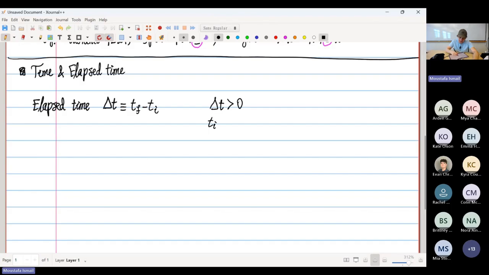t initial and t final, those can be positive, negative, or zero, because these only indicate when we started our stopwatch. So a negative t initial, for example, would be something like BC.